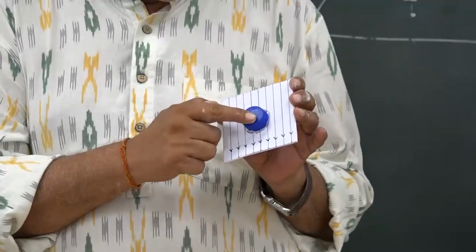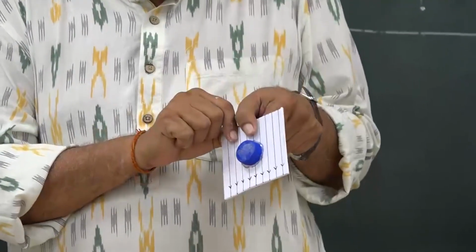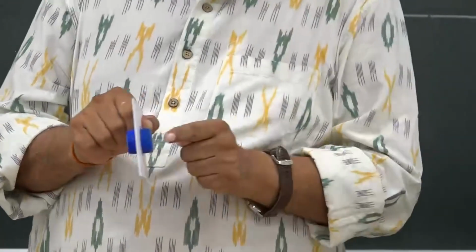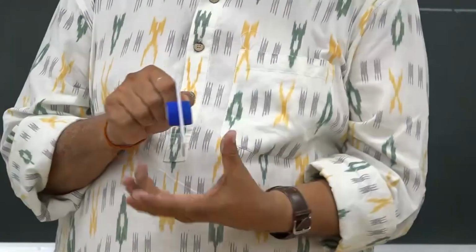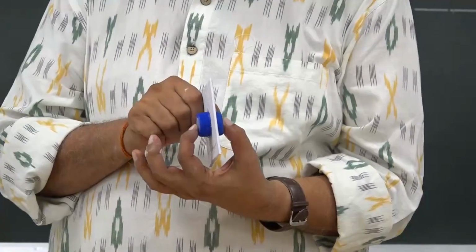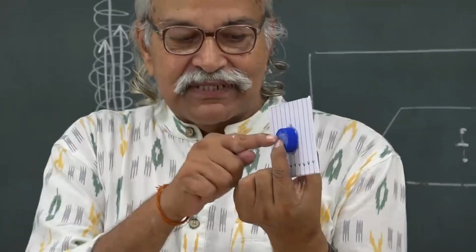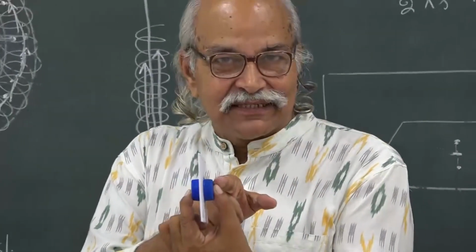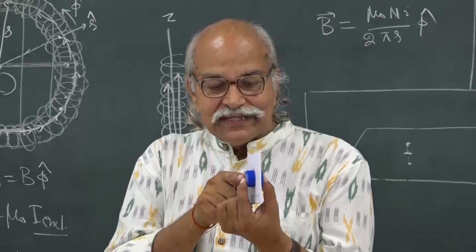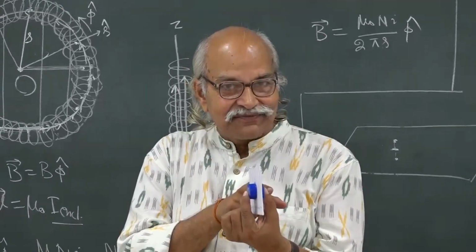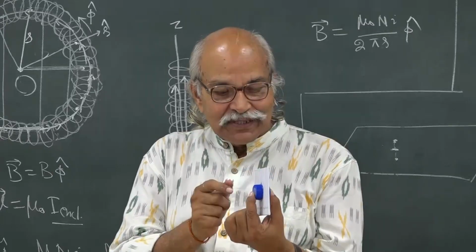Now, on one side of this surface we have taken a point here, and on the other side of the surface we have taken a point here. So, we first take 2 points, look at my fingers. This represents one point and this represents another point. One point is on one side of the surface, the other point is on the other side of the surface. So, this is the geometry.